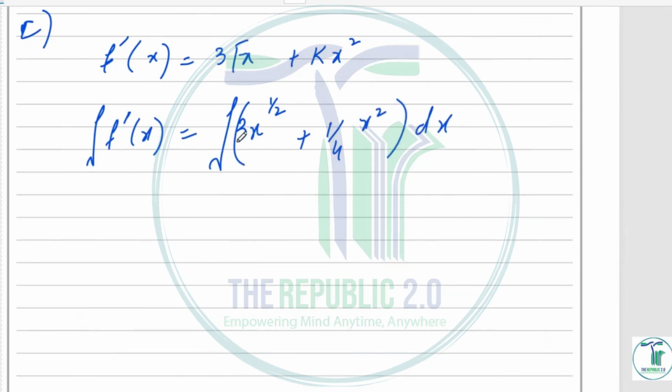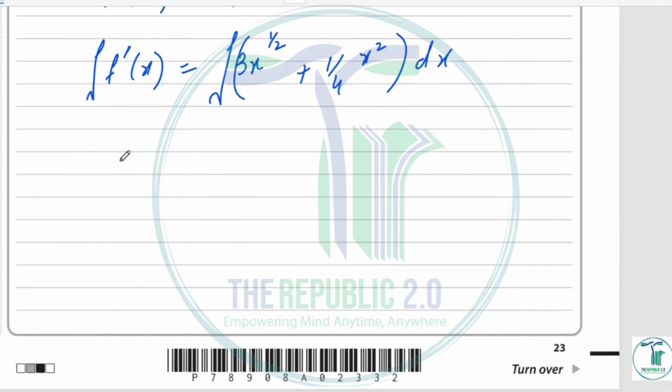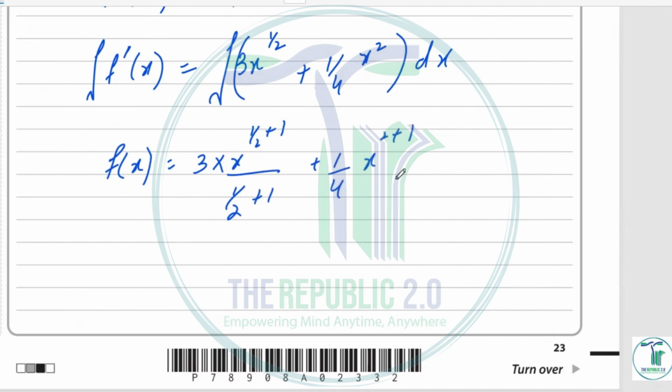The integration of f prime of x would eventually become f of x, and that's going to be 3 as it is, x to the power of 1 by 2 plus 1 divided by 1 by 2 plus 1, plus 1 by 4 x to the power of 2 plus 1 divided by 2 plus 1, and then we're going to add c into it, right?